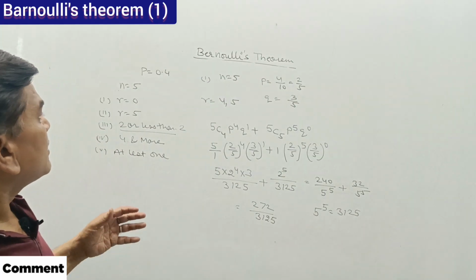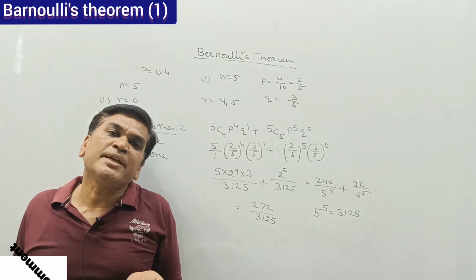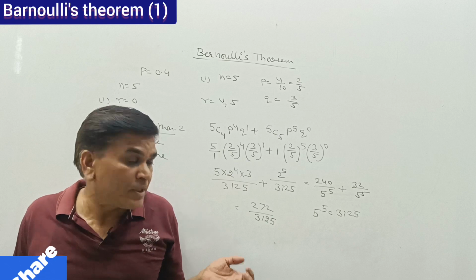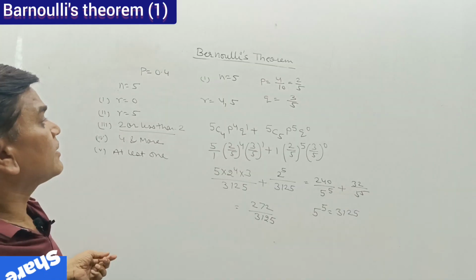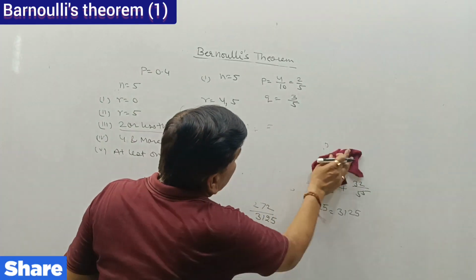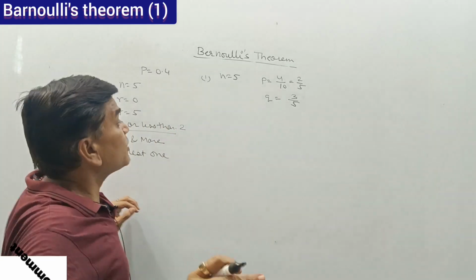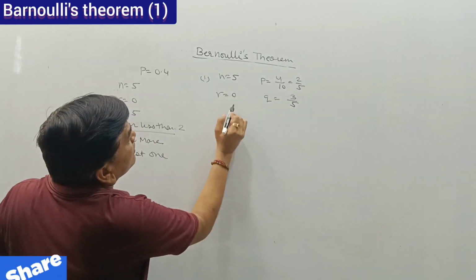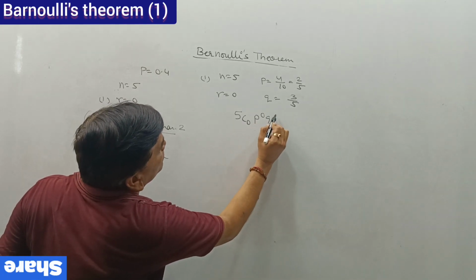So in this manner, if any type of question comes, we can easily calculate with the help of Bernoulli theorem. One more question, if asked at least one event, then also we have to calculate. If at least one event is there, then the very first we will calculate for the 0 event. So that will be 5c0 p raised to power 0 q raised to power 5.